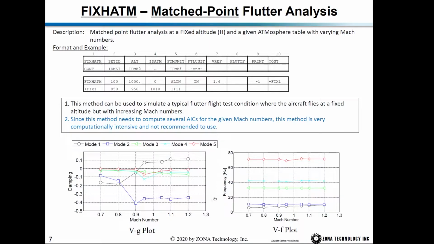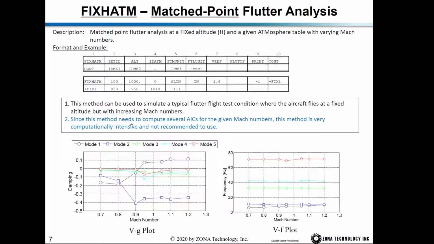So in the VG and VF diagram, you can plot the damping of each mode as a function of Mach number, the frequency as a function of Mach number, and then you can see this damping line cross the zero damping line at Mach number 0.92. So if I say the altitude is 5,000 feet, then that means the aircraft is going to flutter at 5,000 feet and at Mach number 0.92.